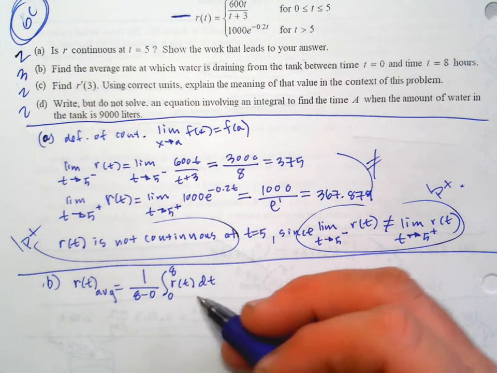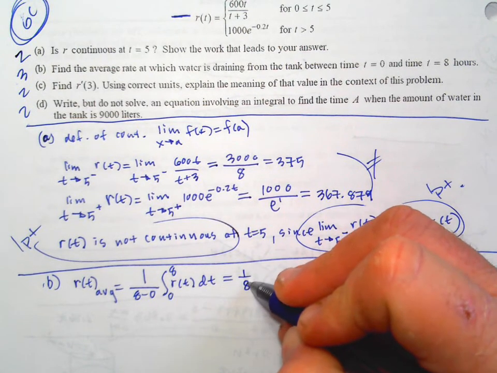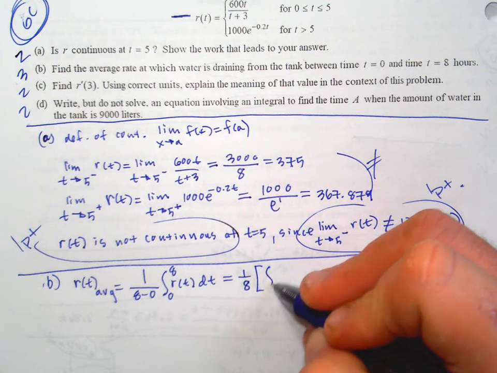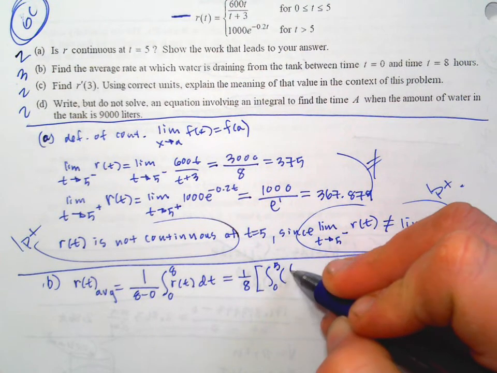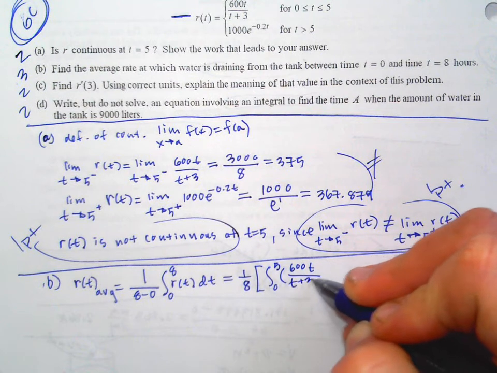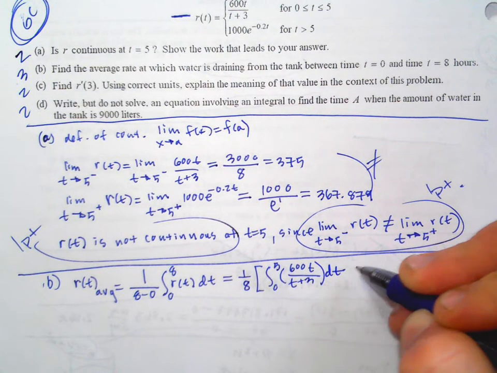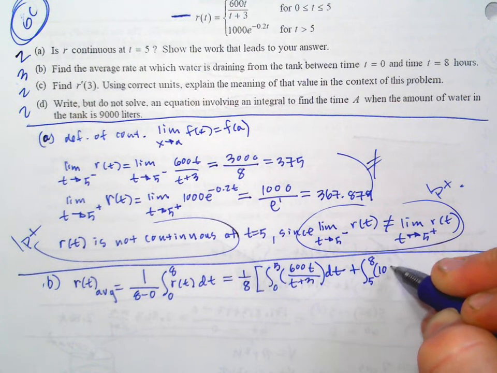Now, that setup is easy enough, but to actually calculate it, you're going to have to do 0 to 5 with that first chunk, 600t over t plus 3 dt, and then you're going to have to do the chunk from 5 to 8 separately.